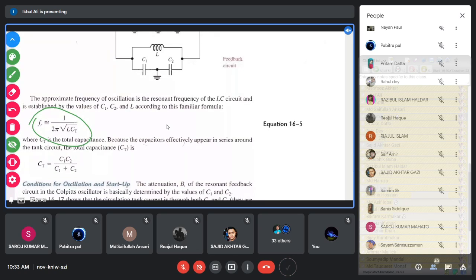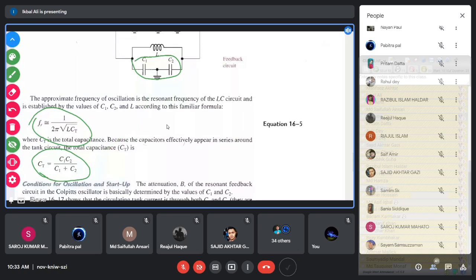That means the capacitance of this series combination of the two capacitors C1 and C2. You know that if the capacitors C1 and C2 are in series, then their equivalent capacitance formula will be C1 C2 by C1 plus C2. So FR equals 1 by 2 pi root over L CT, where CT is the equivalent capacitance of these two capacitors. So that is your CT.